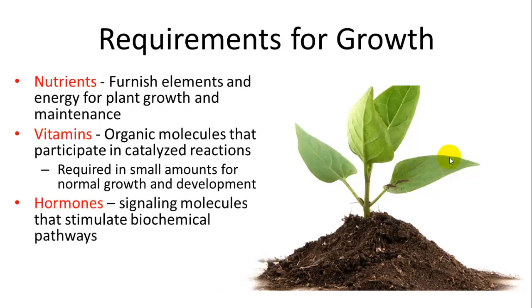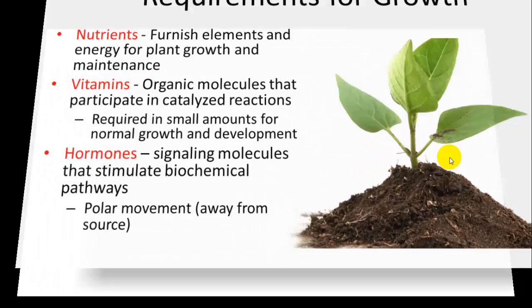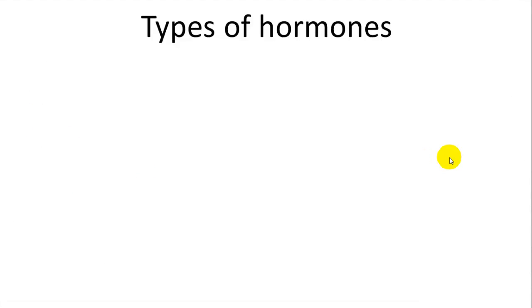And then hormones, which are signaling molecules which are released from one point and then have an effect at a different point. So they travel through the plant and they have polar movement away from the source. Kind of similar to the way phloem flows from source to sink. So there are lots of different types of hormones, but we're going to talk about the classic 5, specifically auxins.